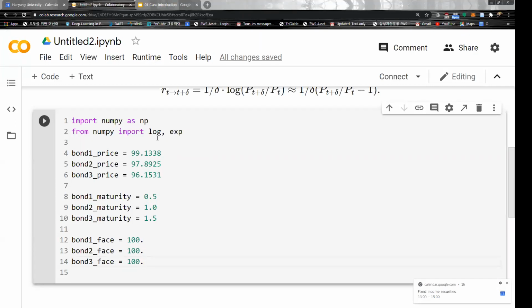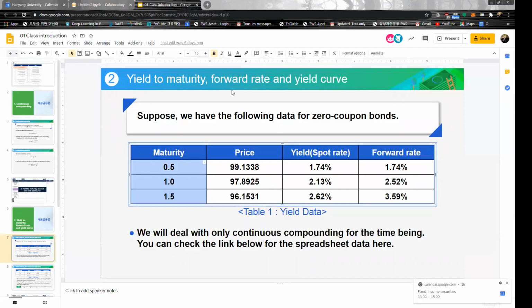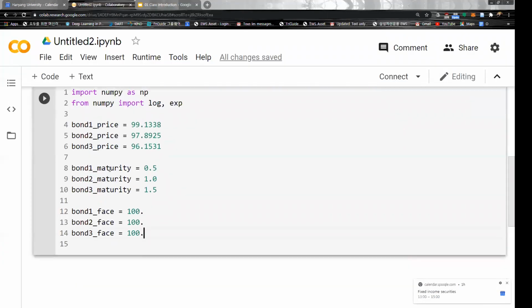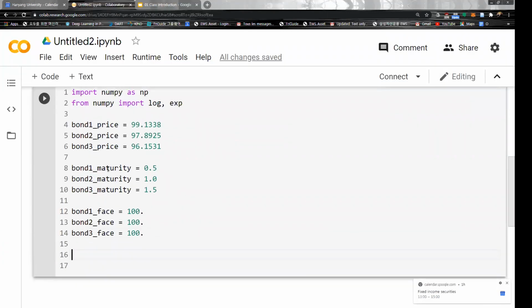We have face value. Now here, yield, of course, yield is from price, right? We use the previous formula. Bond one yield, YTM, yield to maturity, is what?